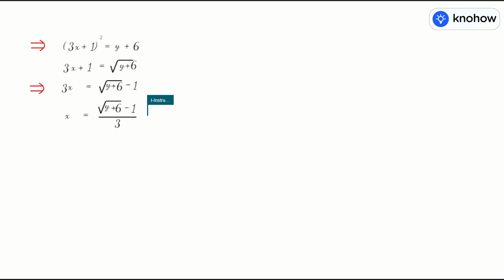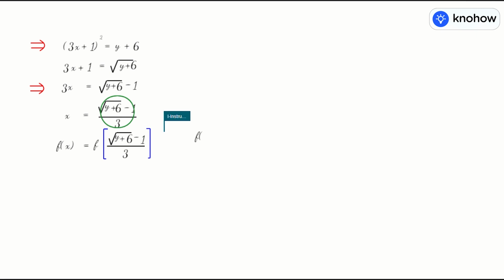So finally you get this value of x, which corresponds to y from the range, such that f(x) is equal to y. Let us again verify that yes, f(x) is equal to y. So f(x), that is f of (under the root y plus 6, minus 1) by 3. Replace this value of x in f(x). What is f(x)?